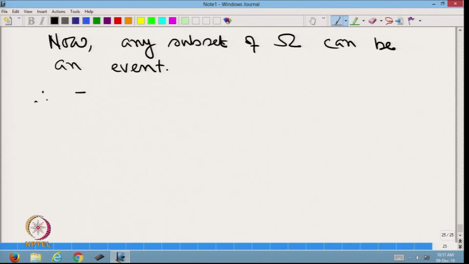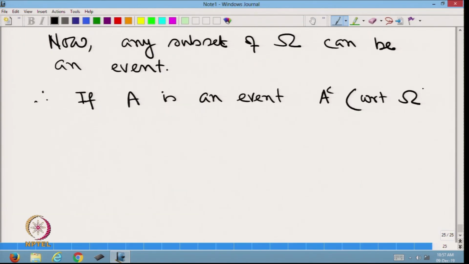Therefore, if A is an event, A complement with respect to omega is also an event, because A complement is also a subset of omega.